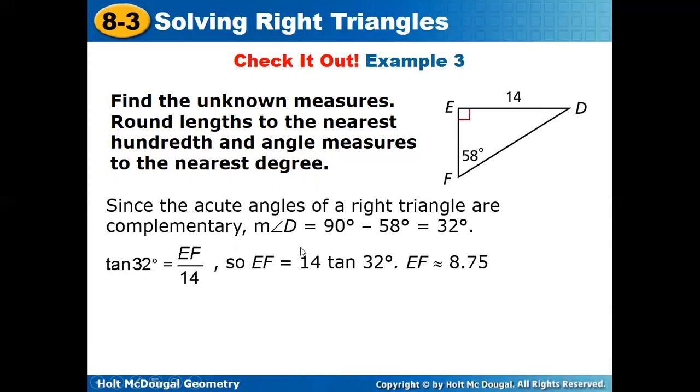So here we know angle D, which is 32. So tan angle D is its opposite leg FE over the adjacent leg 14. Then multiply both sides by 14, the denominator. It will be 14 times tan 32. With your calculator, you can find it. It will be 8.75.